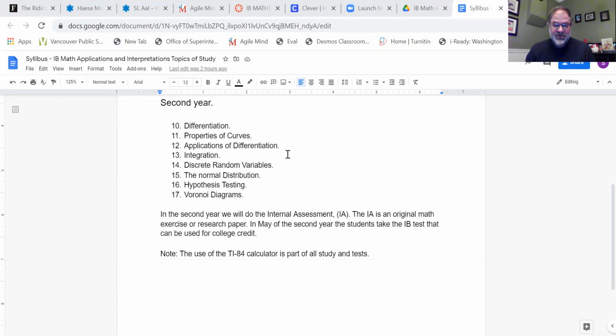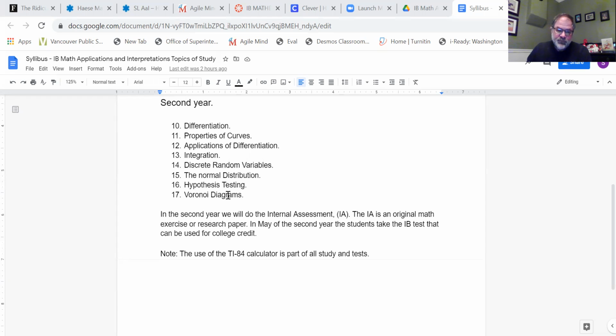The normal distribution is the normal curve, and we learn about how to use the normal curve, and then hypothesis testing would be your t-test and chi-squared.